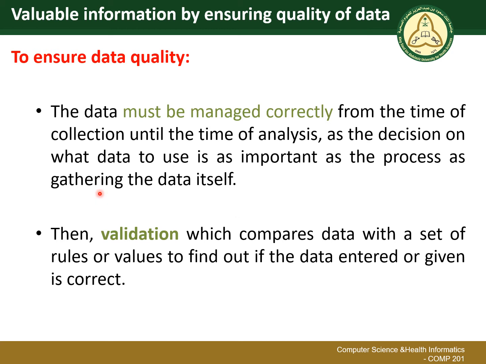So gathering the data is very important, because based on this data, a decision will be made. And to ensure the quality of data, we can apply validation. The validation compares data with a set of rules or values to find out if the data entered or given is correct or not.